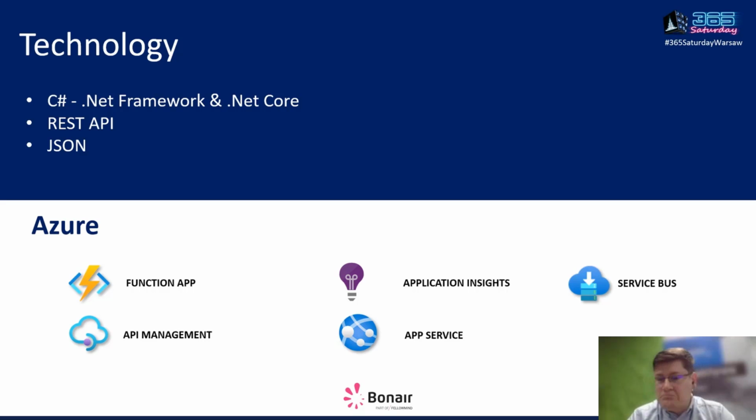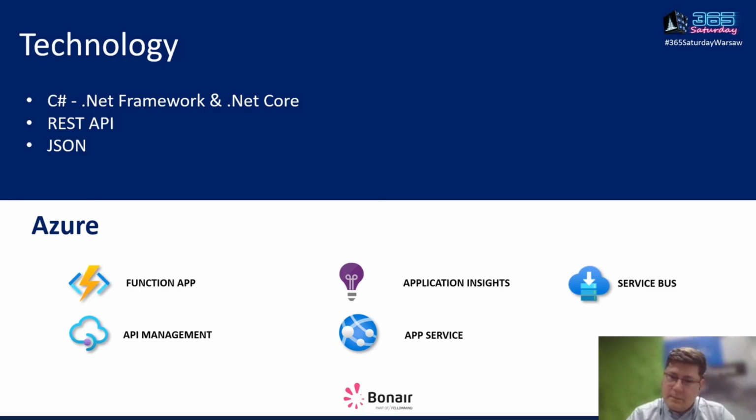App service, it's just a typical place for our REST API services. And last but not least, application insights. It's a really powerful analytic tool to diagnose issues, but to be honest, just this one tool requires a full-time presentation.